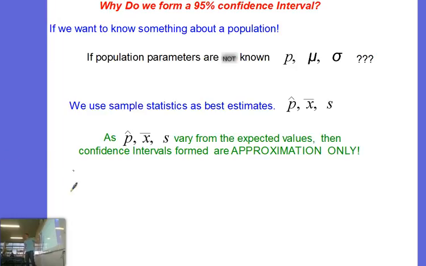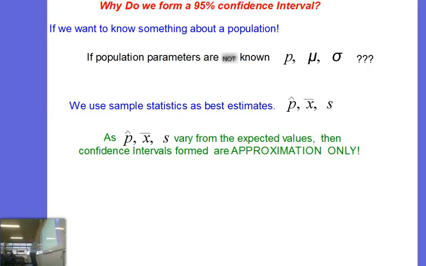If we don't know the population parameters, maybe the population proportion, the population mean, or the population standard deviation, then we use the sample statistics as our best estimate. I'm going to survey 20 people, take the sample mean of my survey, and use that to say things about the population.